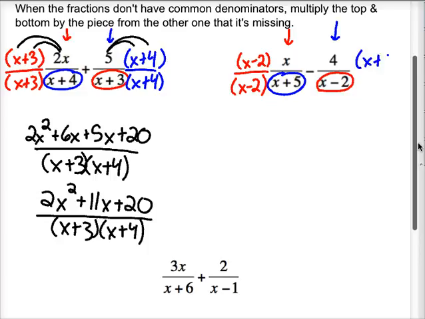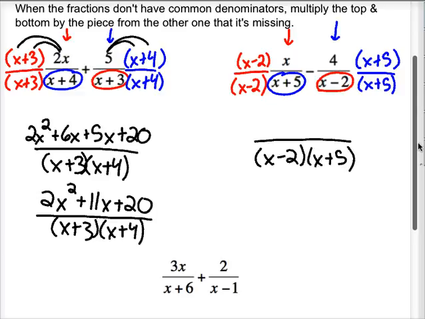So that piece that it's missing, I'm going to multiply top and bottom by it to create a common denominator. Because now notice what my common denominator is. I have x minus 2 and x plus 5. It's the merger of those two bottoms. Okay?